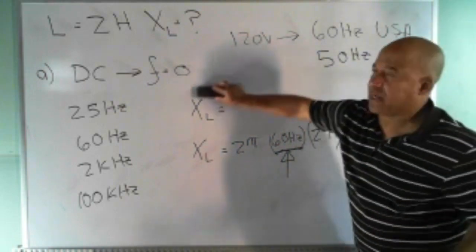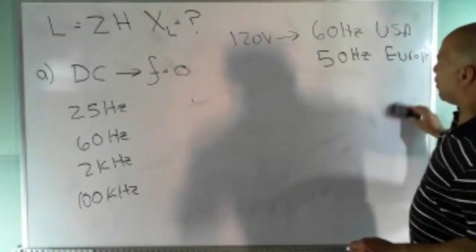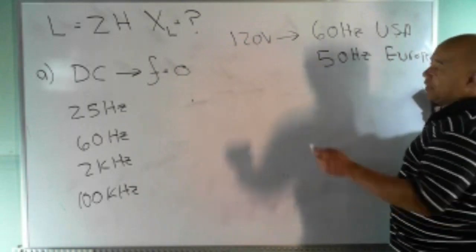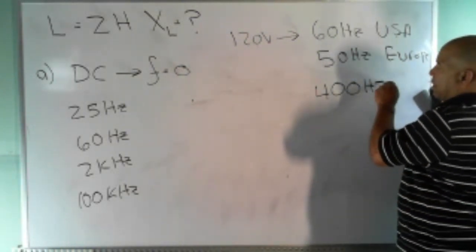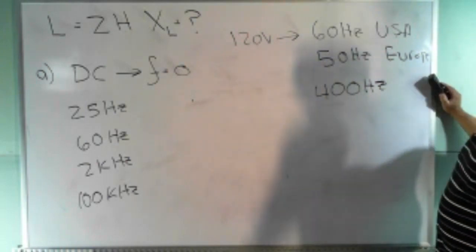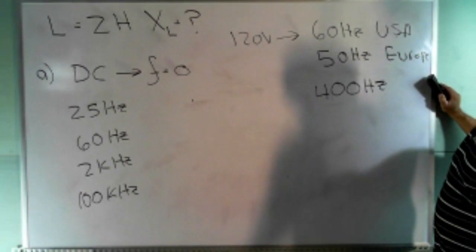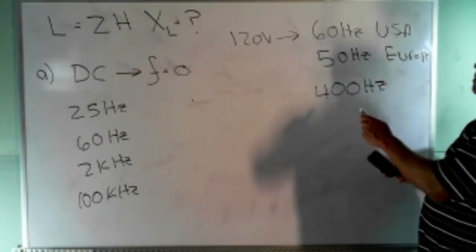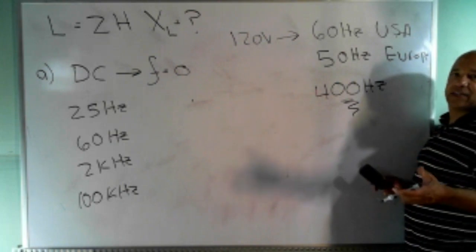And if you get on a plane like Delta or TWA, it's AC on the airplane. The frequency is 400 hertz. And you might wonder, why is it 400 hertz on the airplane? Well, by making that frequency higher, it allows them to make certain devices smaller.